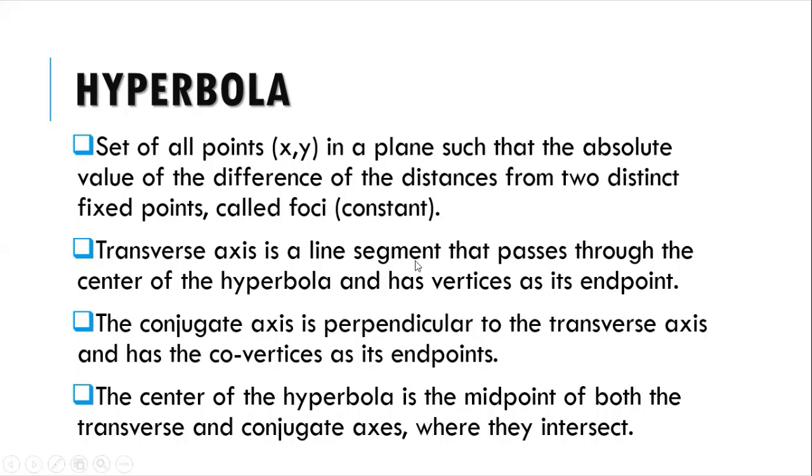The transverse axis is a line segment that passes through the center of the hyperbola and has the vertices as its endpoints. The conjugate axis is perpendicular to the transverse axis and has the co-vertices as its endpoints. The center of the hyperbola is the midpoint of both the transverse and conjugate axes, where they intersect.